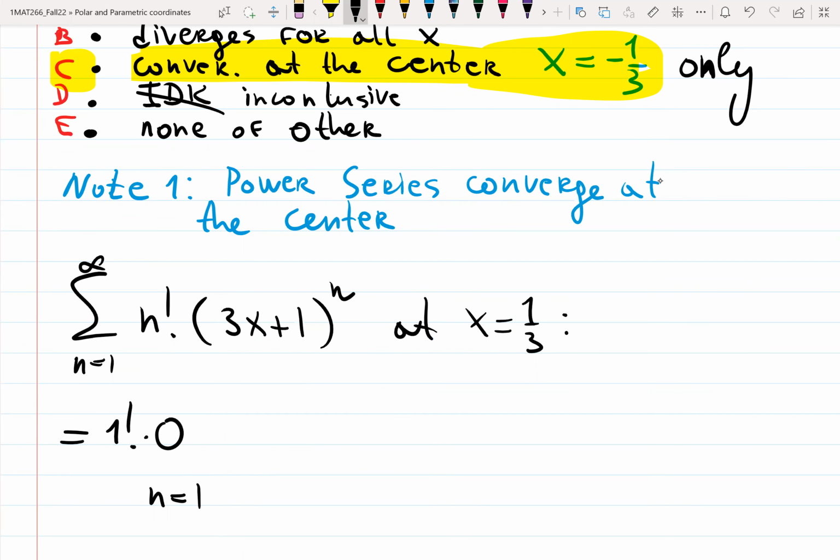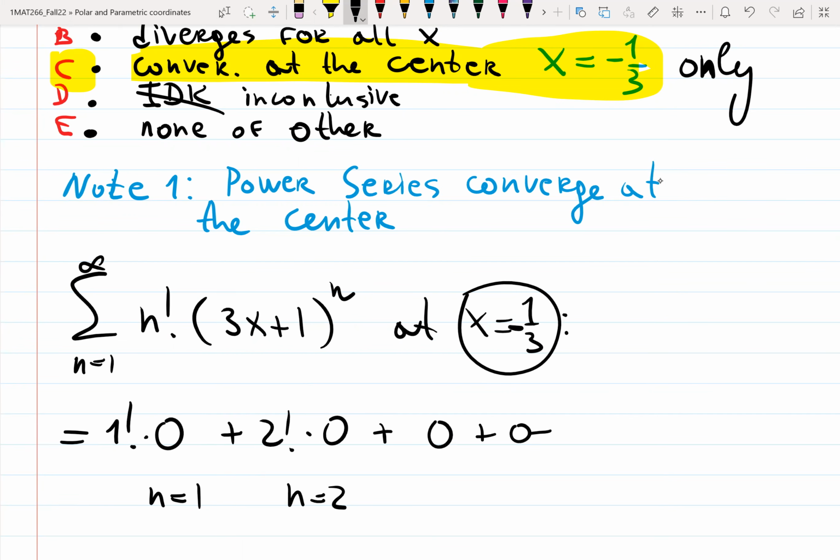Because it's minus 1/3. Plus n is 2, it's going to be 2 factorial times 0, plus 0, plus 0, plus 0. That is not infinity. As you can see, that can be 0 all the time. So the series does not blow up. It actually stays at the low level, 0 in this case.